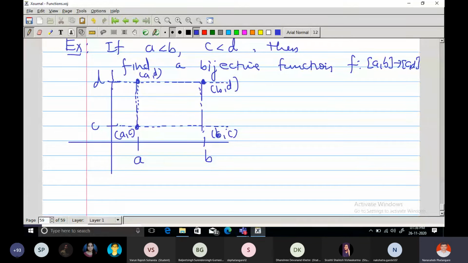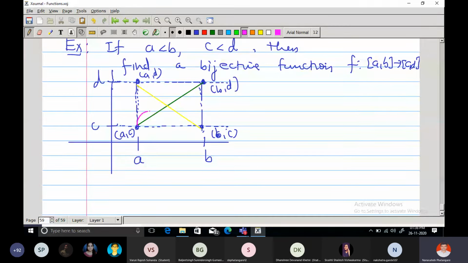Right? What are the different ways to find a bijective function? You can either find a function which joins these corners or a function which joins opposite corners. This is the simplest one. You may have many others.